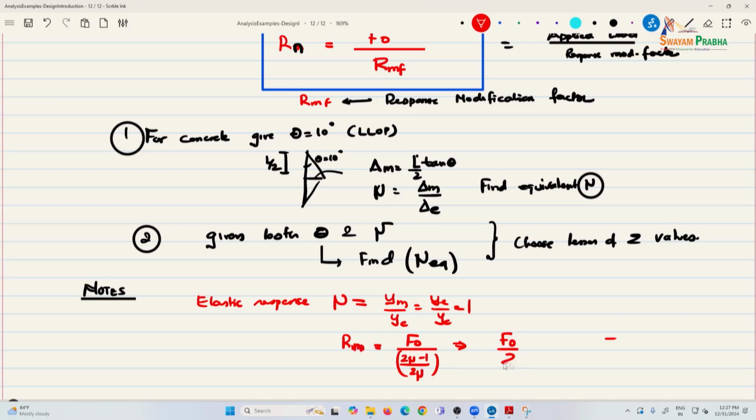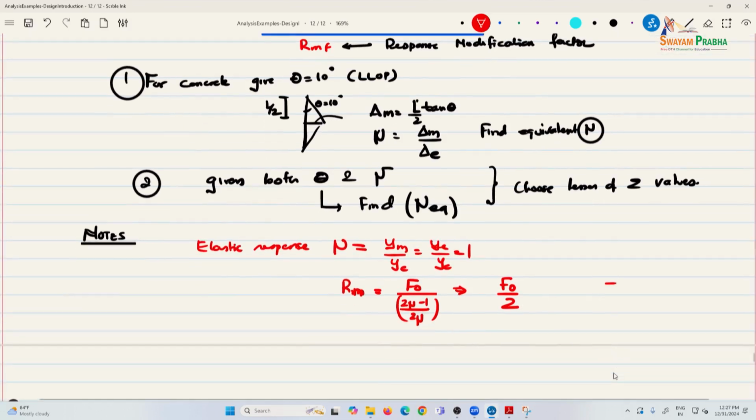So, F naught by 2. So, what you have is, wait, no, other way around, multiplied by 2. So, you get Rn is equal to 2 F naught.